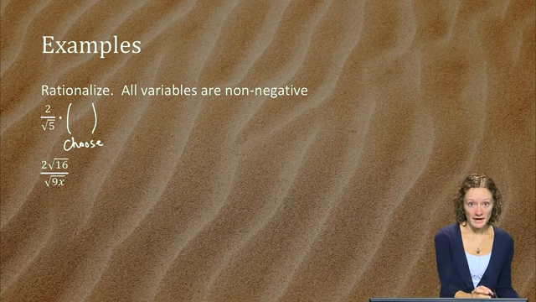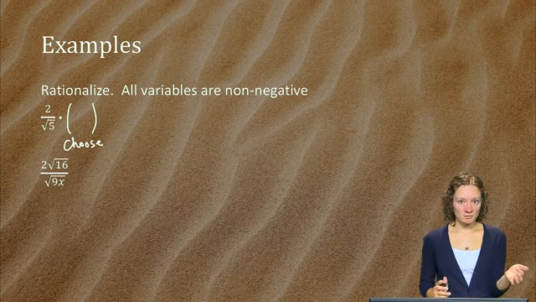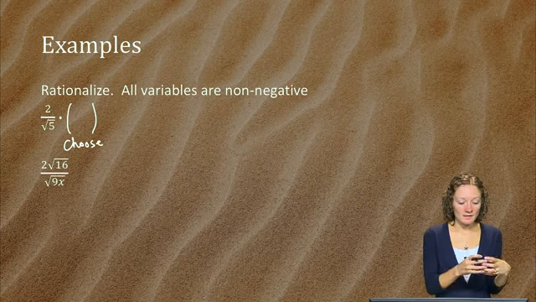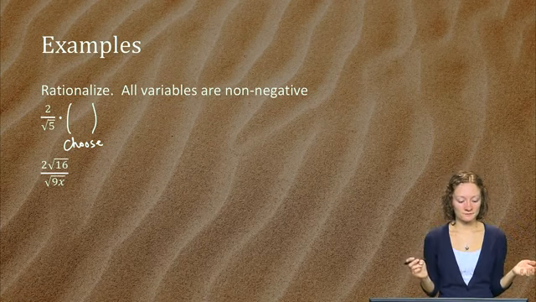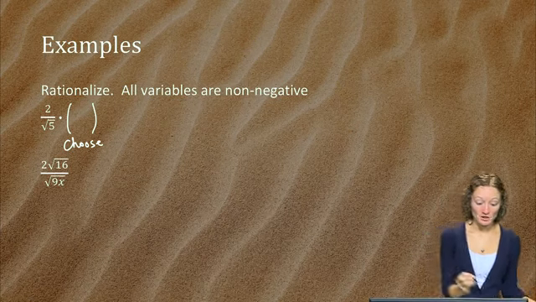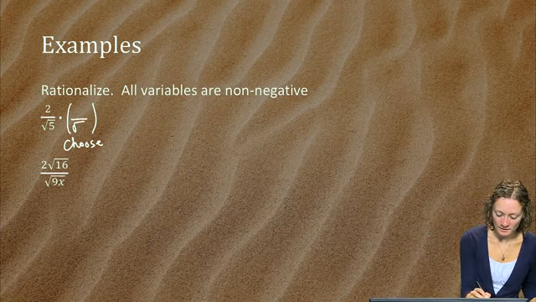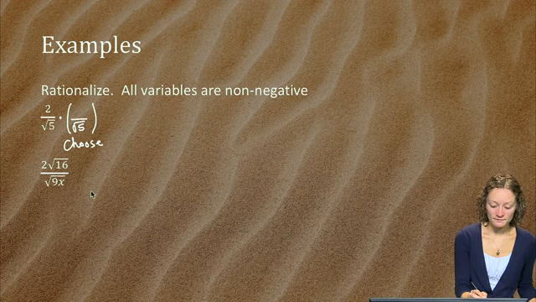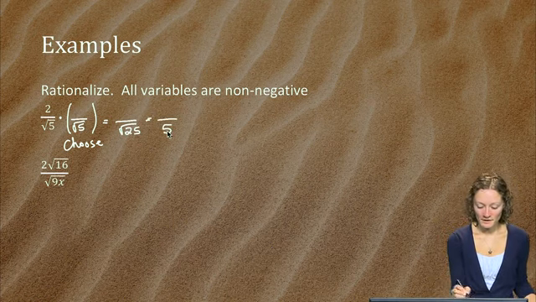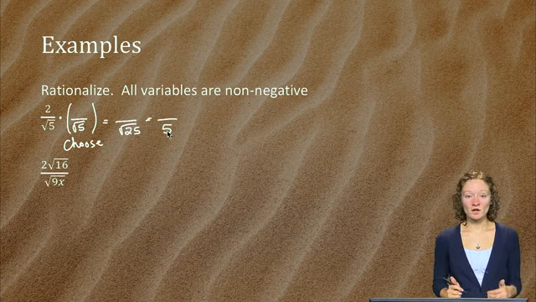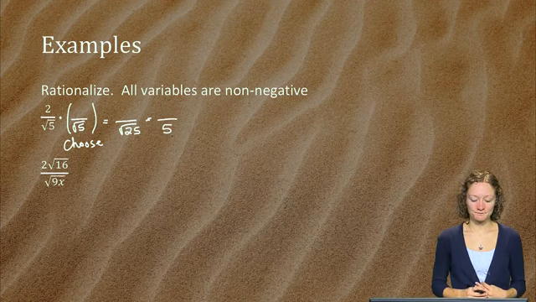Currently we have square root of 5, so what would we need to multiply in for that denominator to be something that is squared, so we can undo it? Well, if we chose to multiply in the square root of 5, our denominator would be the square root of 25, which is 5.